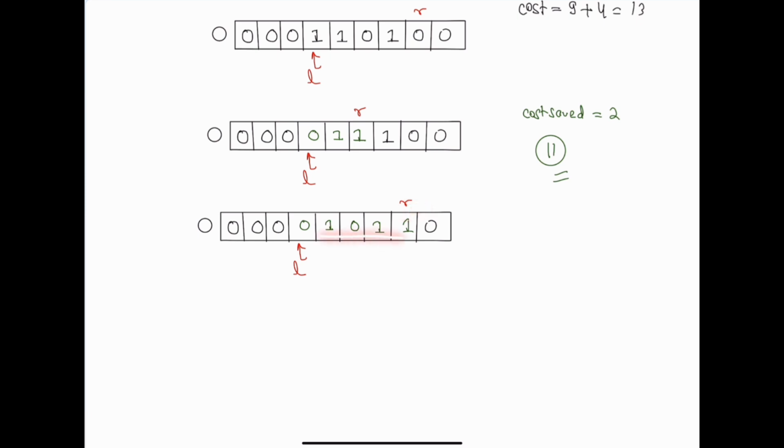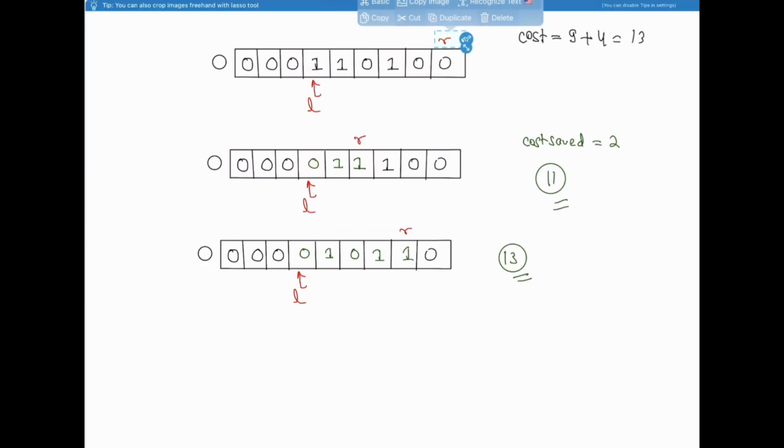And internally we have discussed the cost remains the same. The only place where you can actually reduce the number of operation is at the extremes. Within the substring, the number of shifts between zeros and ones still remain the same. So what is the total cost? So obviously size of the string is 9 and total shifts is 1 2 3 4. So it's still 13.